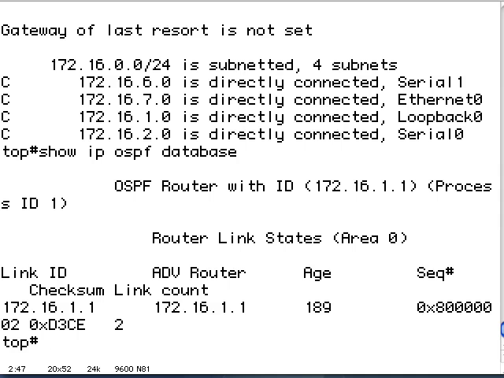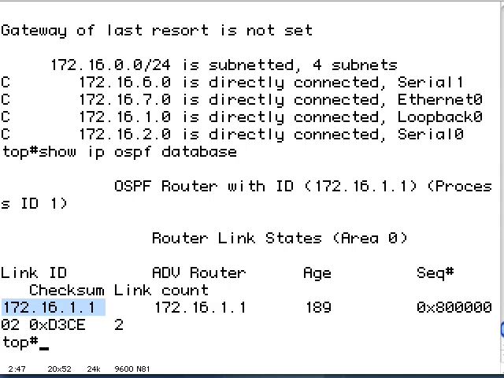The first type of link state advertisement is the router link state advertisement. Every router generates a link state advertisement for itself, and the link state advertisement has the identifying router, which is the loopback address on the router, 172.16.1.1, and it has a lot of information in the link state advertisement.